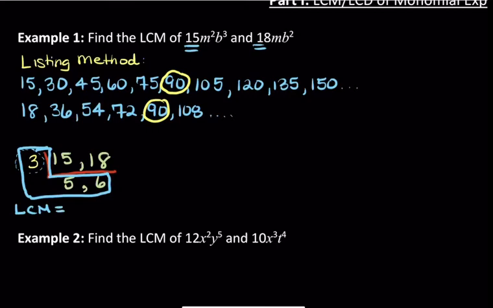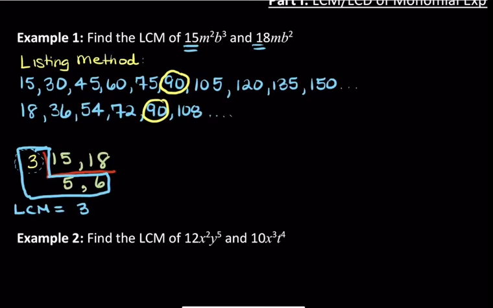The LCM is all the numbers in that L, so 3 times 5 times 6, and you're multiplying them. 3 times 5 is 15, and 15 times 6 is 90, which is what we got up above. It's a nice little way to do it, and it definitely works.